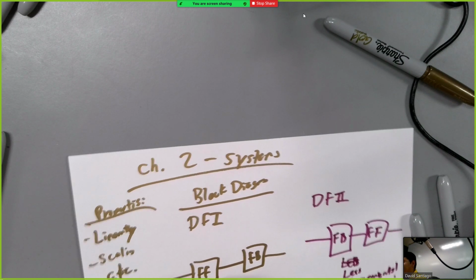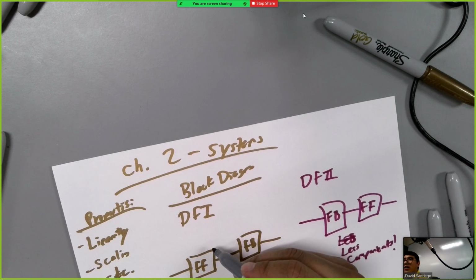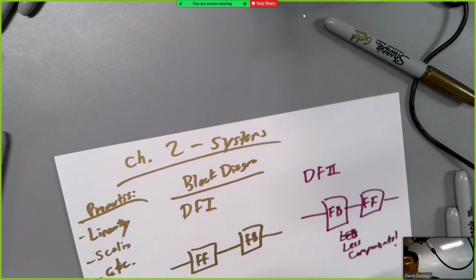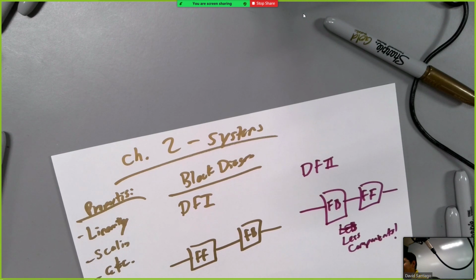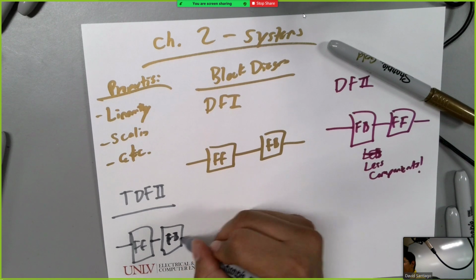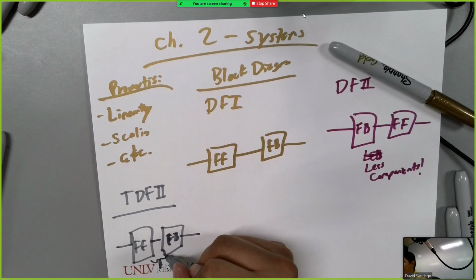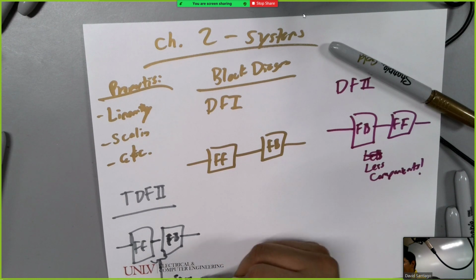And then the last one is the TDF2, transposed direct form 2. Remember that? We want the benefits of a direct form 1, but we also want to save some money too. So we're going to have this weird feed forward path and feed back path, and we also save components.